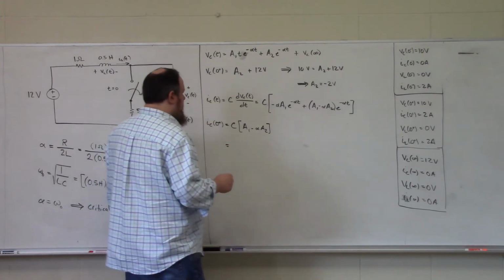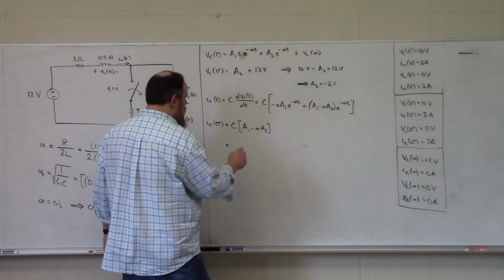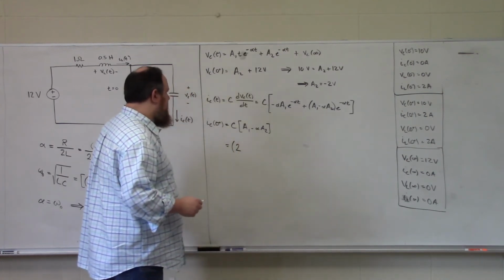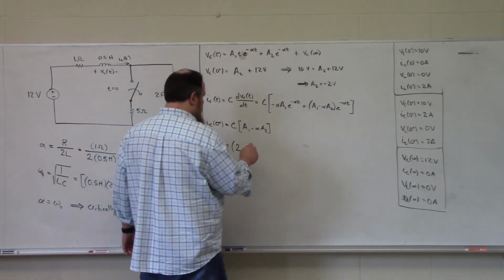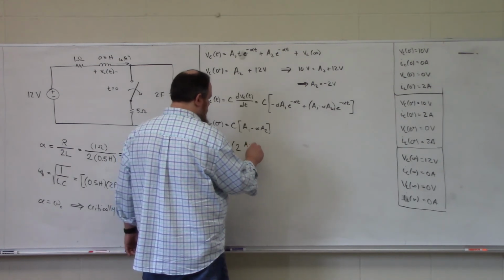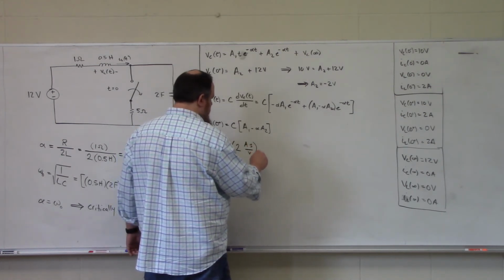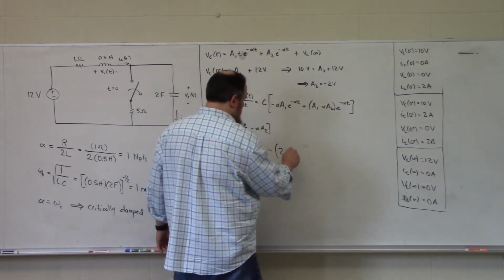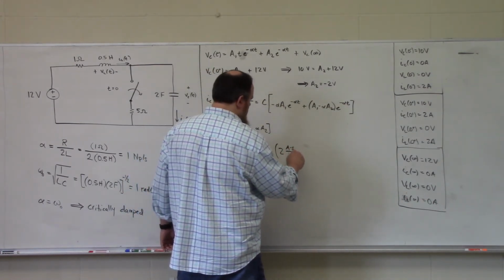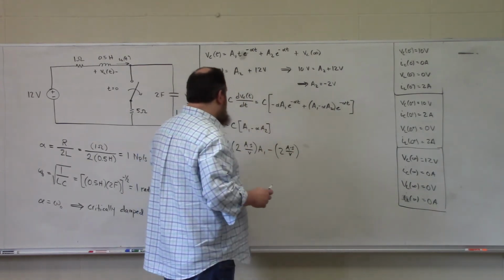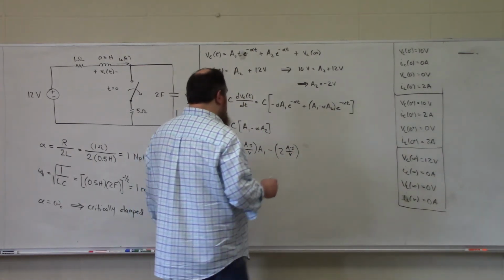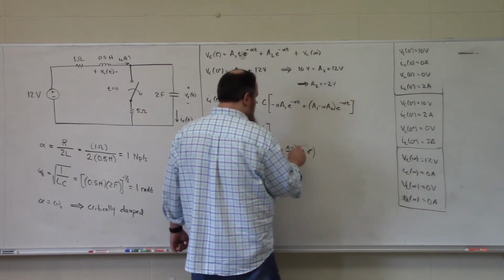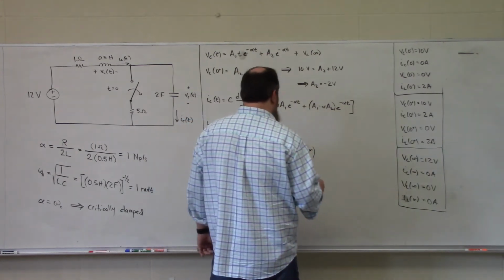So that's going to be C is 2 farads, where a farad is an amp second per volt. Now we're multiplying by alpha, so that's 1 units of per second. These guys cancel each other out.